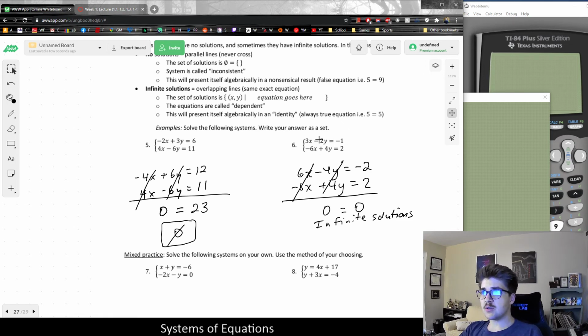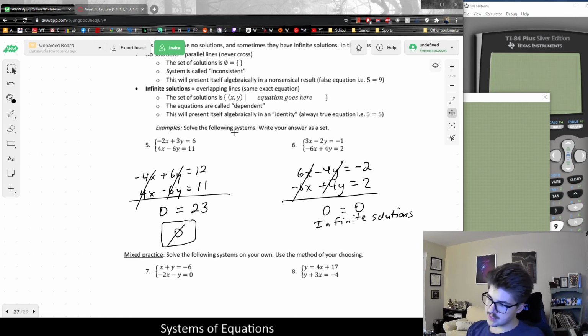What we have here is that those two lines are the same exact line. They're overlapping. If you solve them for y, you'll see that both lines are y = 3/2 x plus 1/2. Both lines have a slope of 3/2 and an intercept of 1/2, meaning they're just the same line, and every point along those equations is a solution.